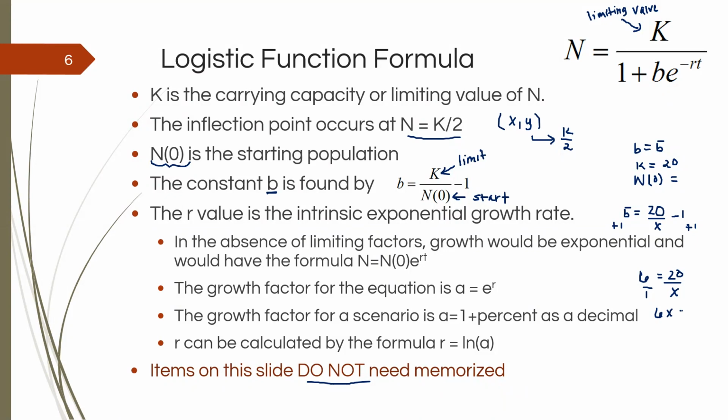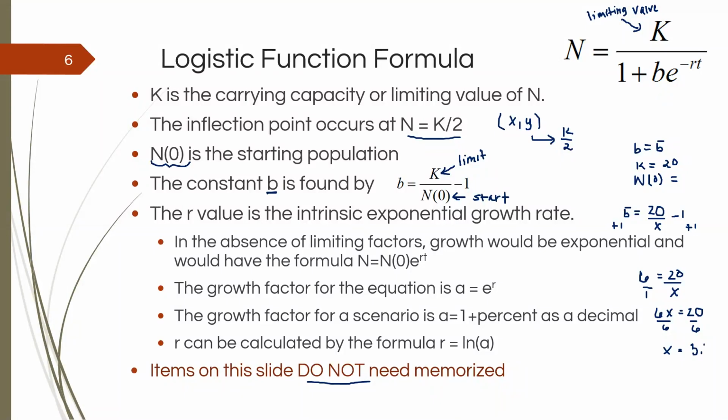So 6x equals 20. And then if I divide by 6 on both sides, I get x equals... 18 would be perfect, but it's not 18, it's 20. So 20 divided by 6, I'm going to my calculator, 3 1/3.